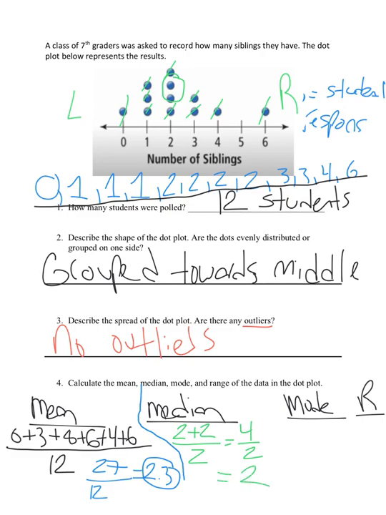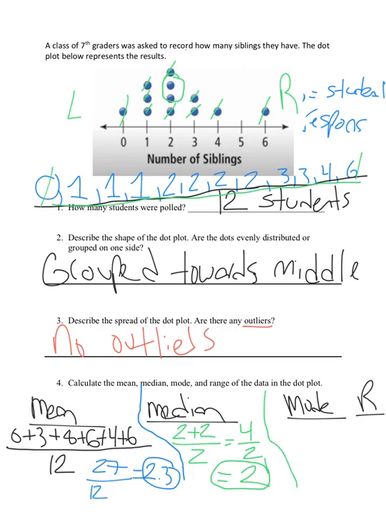And you might have figured that out without adding the 2 plus 2. You might have seen it's going to end up being 2 as well. We end up with a median of 2. So that's one way of using the dot plot, crossing out. Or you can work with, once again, your data set. And you can apply the same process, similar to last week, to find that middle number.